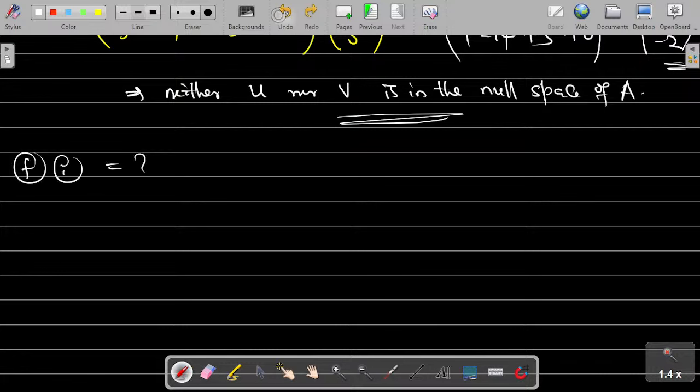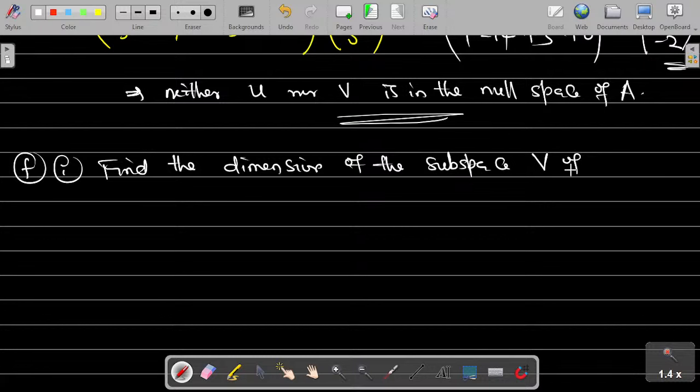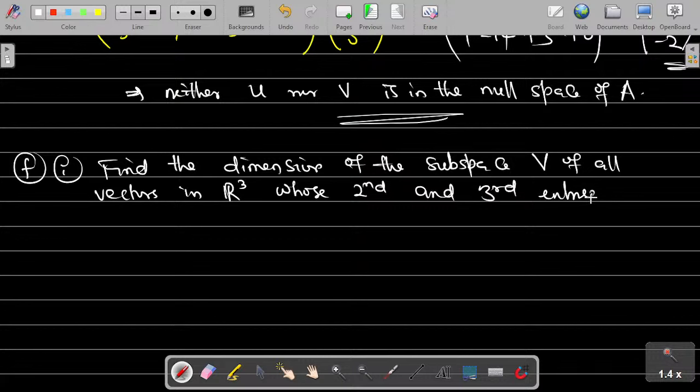Let me write it out. Okay, it says find the dimension of the subspace V of all vectors in R3 whose second and third entries are equal.